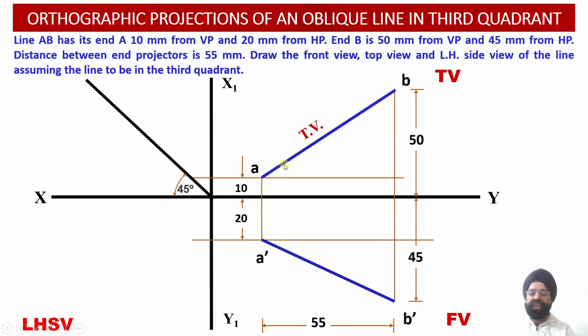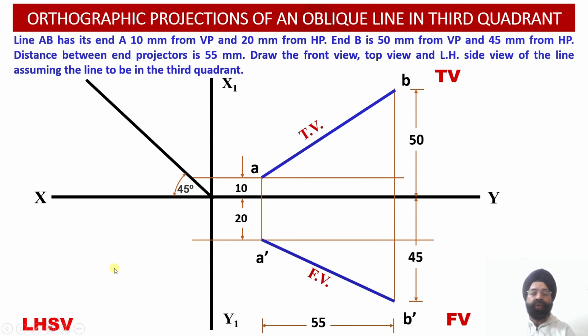Now the AB projection line represents the apparent length top view projection of the line AB. Similarly, A dash B dash represents the front view apparent length projection of the line AB, which is represented onto the vertical plane.